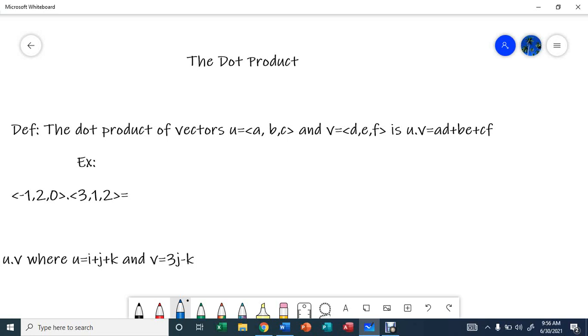So the dot product of vector u equals ABC and v equals DEF.